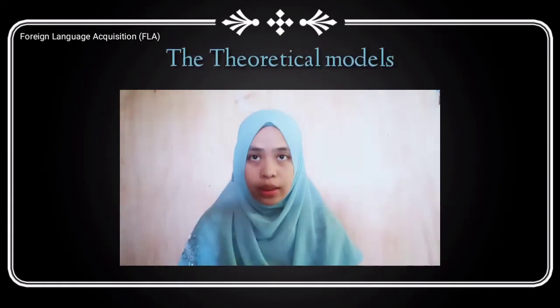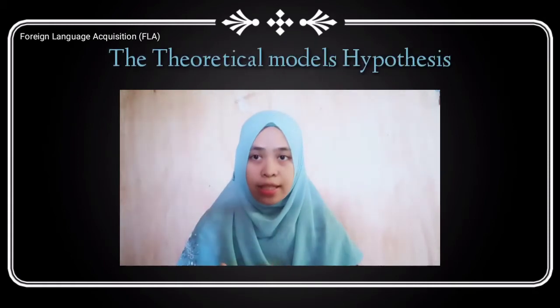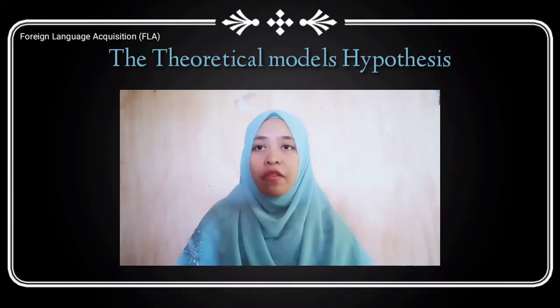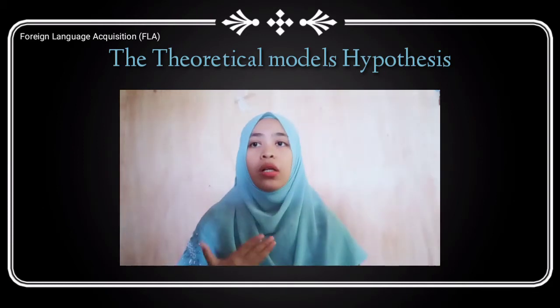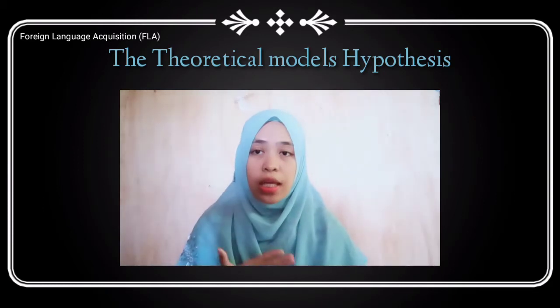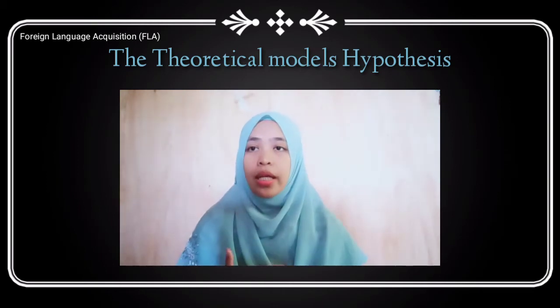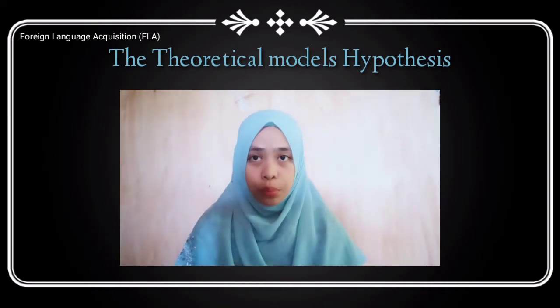This time in my video I will explain to you about the theoretical models hypothesis. There are 5 hypotheses from the core of the second language acquisition theory that underlies the natural approach.